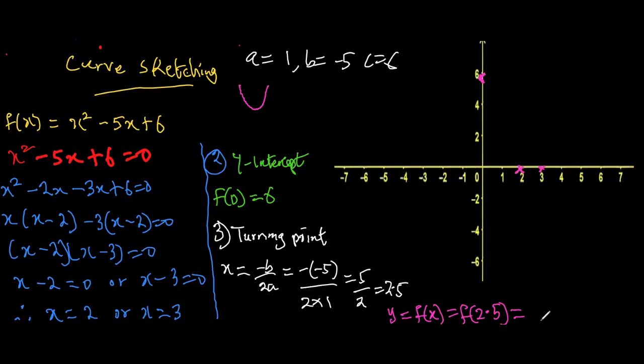So when we put in 2.5 into the original equation to get the value of y at the turning point, it gives us -0.25, which is a point somewhere around here. All right, so let's now sketch the curve.